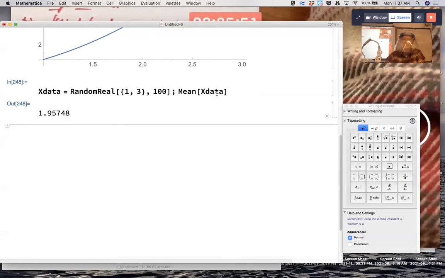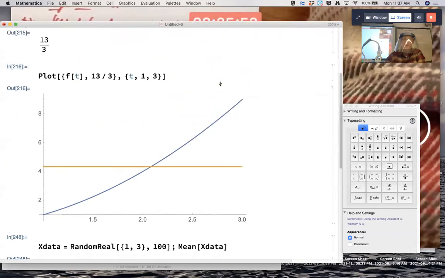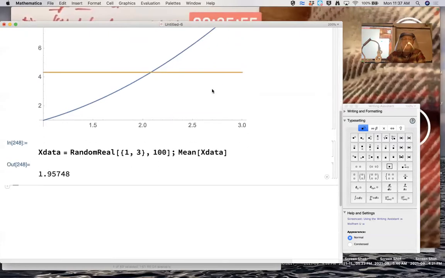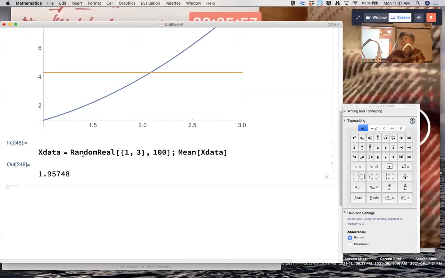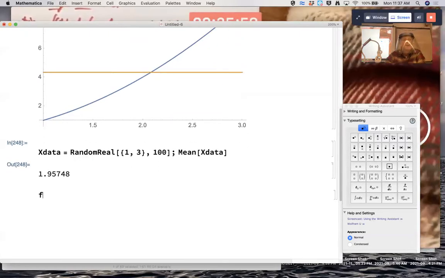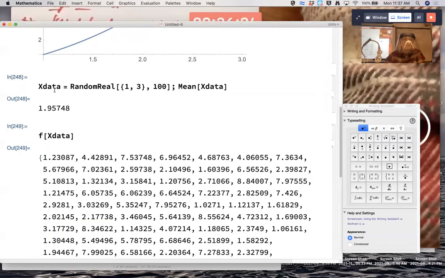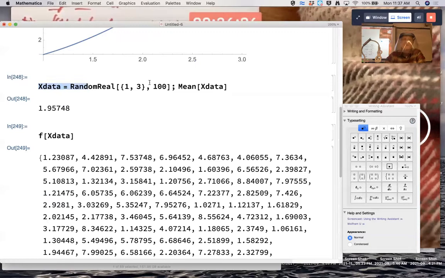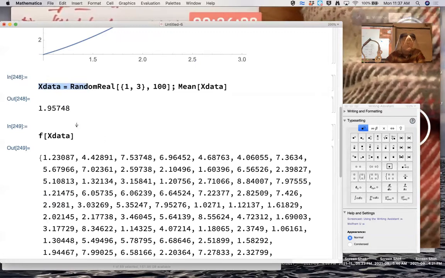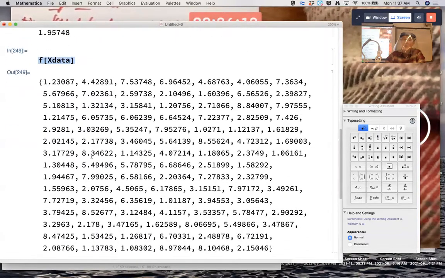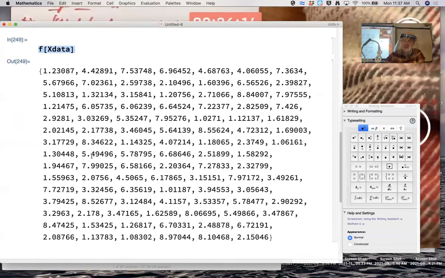How is this related to the average value of the function? I can plug these data into the function. This might work, I forget. There's taking the same data and plugging those numbers into the function to get a bunch of numbers between not 1 and 3, but 1 and 9.